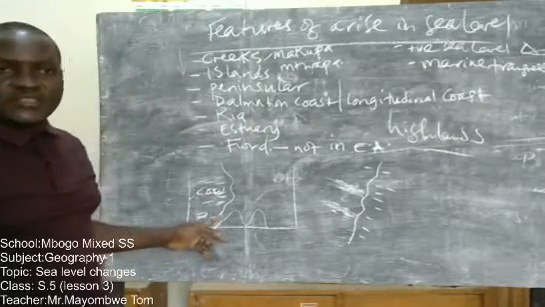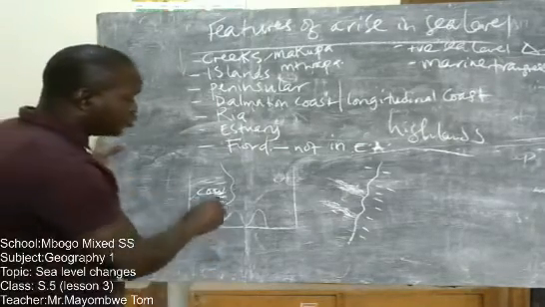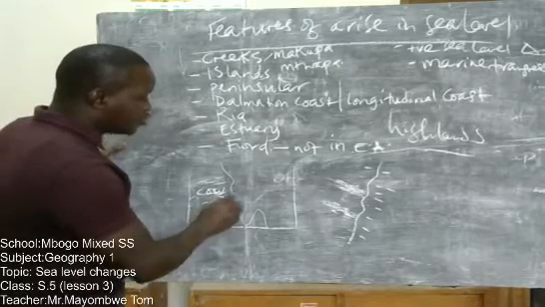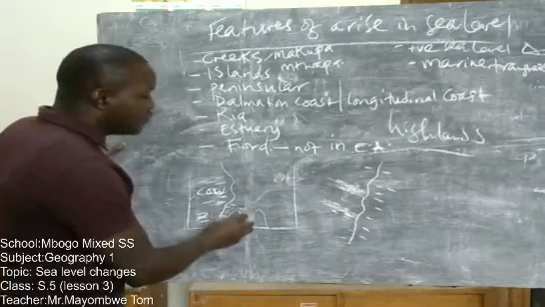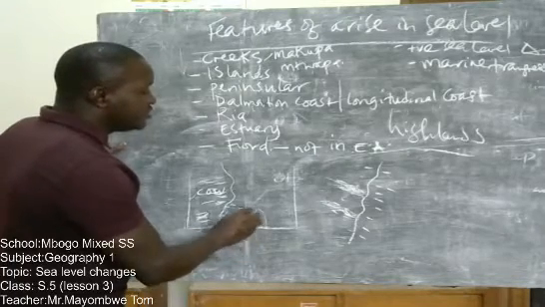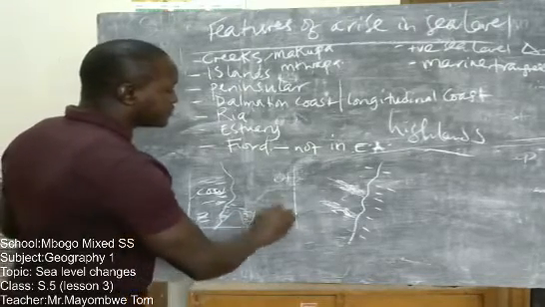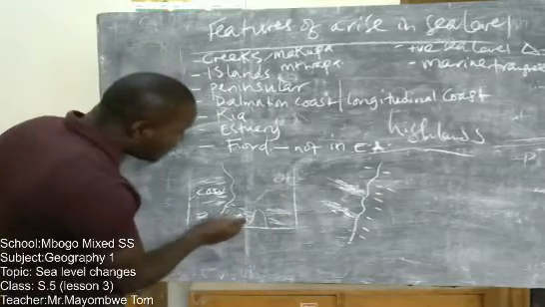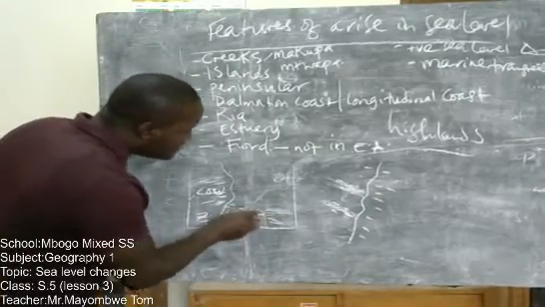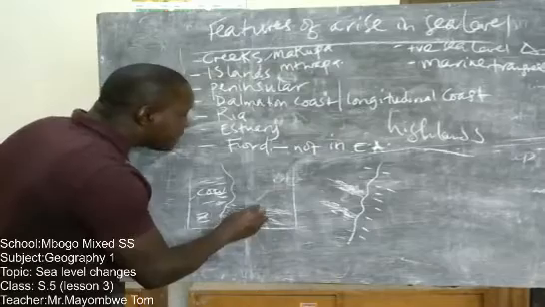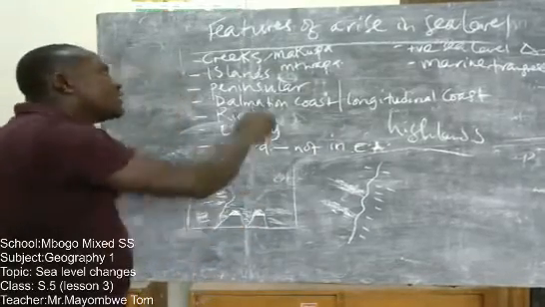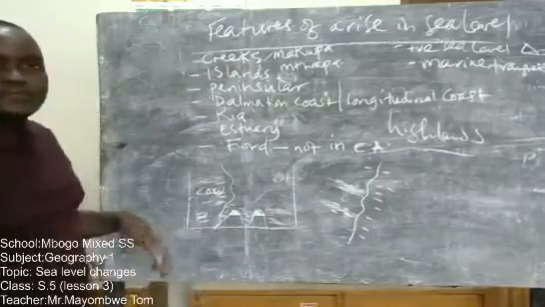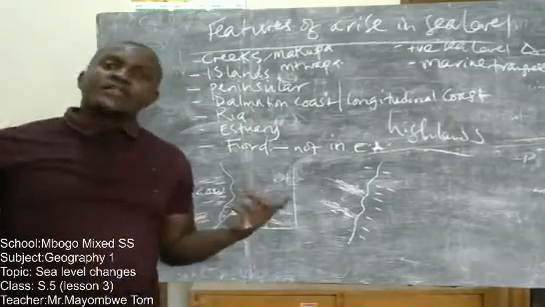So when a rise in the sea level occurs, this water here is going to flood the coastal area. And when water floods the coastal area, it will fill up the valleys. However, the tops of these highlands remain uncovered by the water, forming islands.